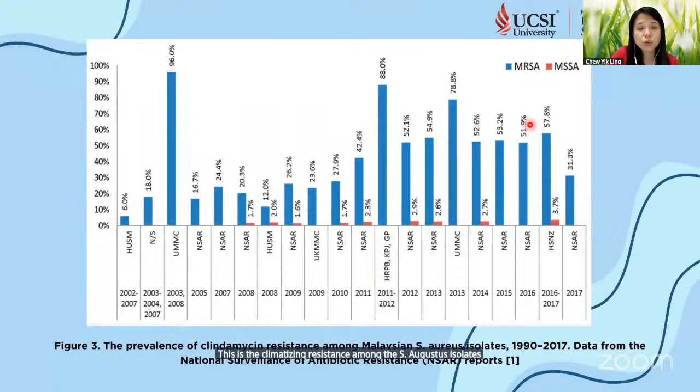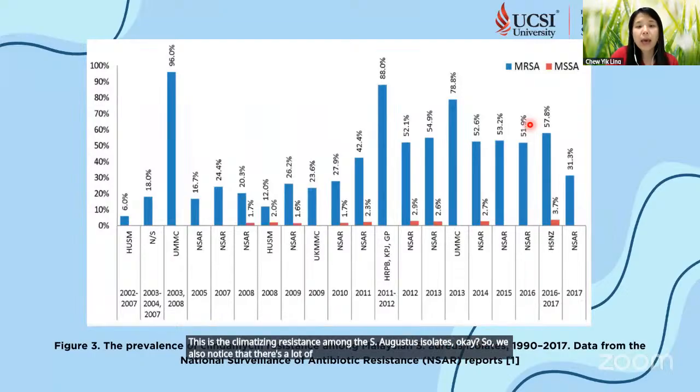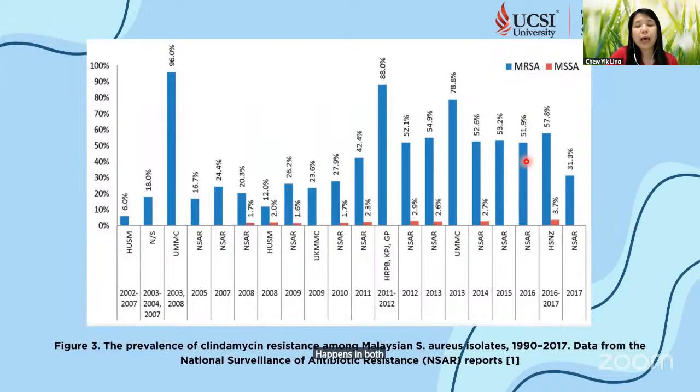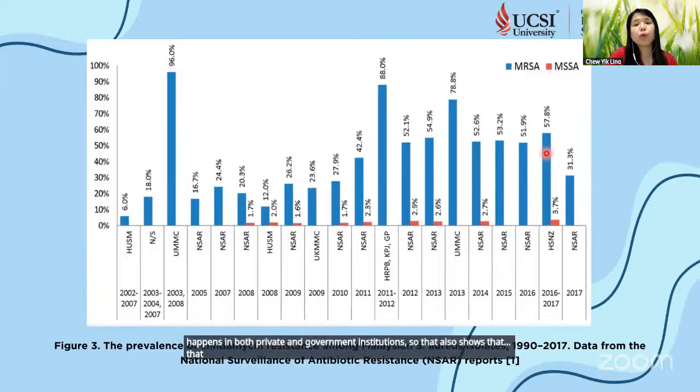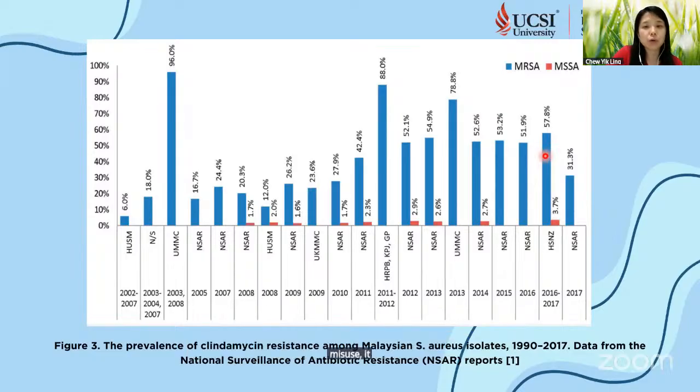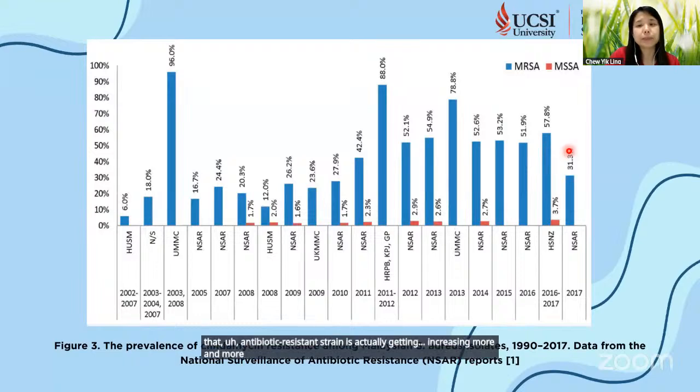Okay, so we also notice that there are a lot of cases in both private and government institutions. That also shows that antibiotic overuse and misuse actually happen across the entire nation. So this is also the reason why antibiotic-resistant strains are increasing more and more year by year.